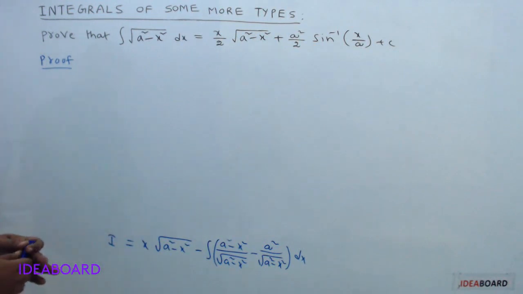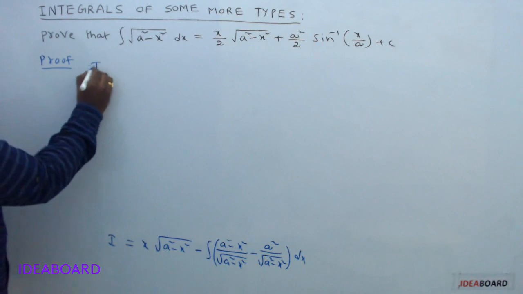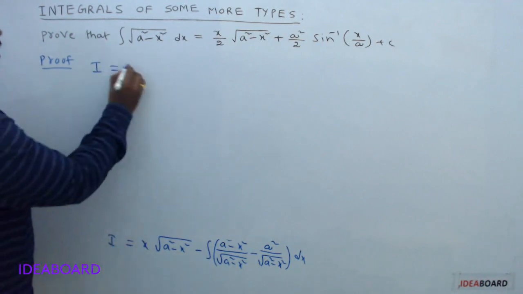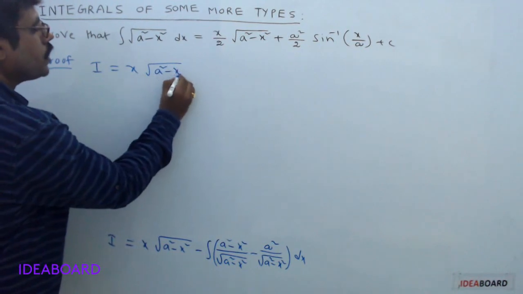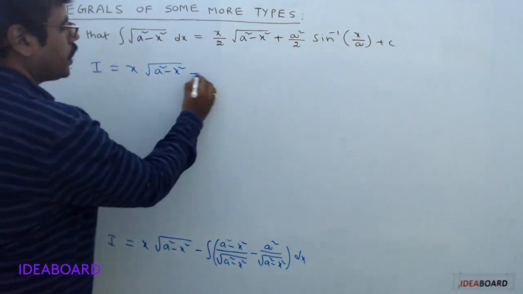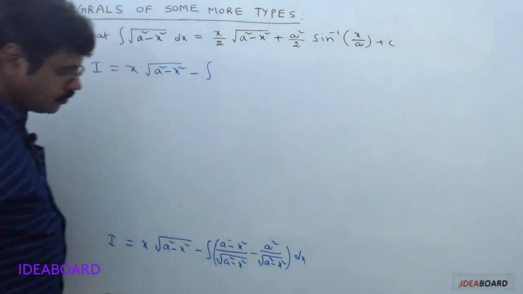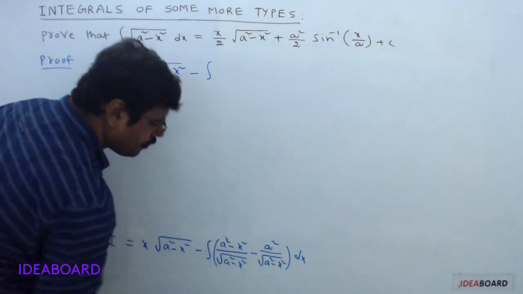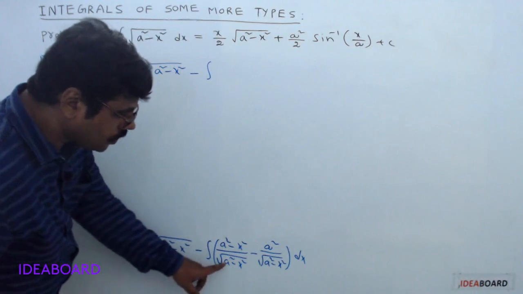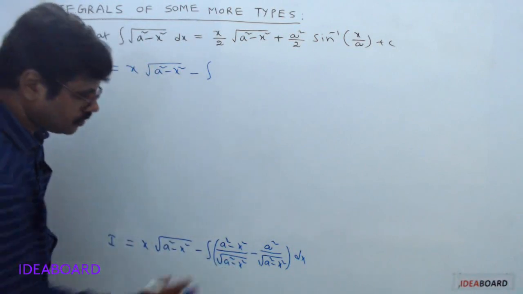Now see the continuation. LHS part is I equal to x into square root of a square minus x square minus integral of a square minus x square divided by square root of a square minus x square.